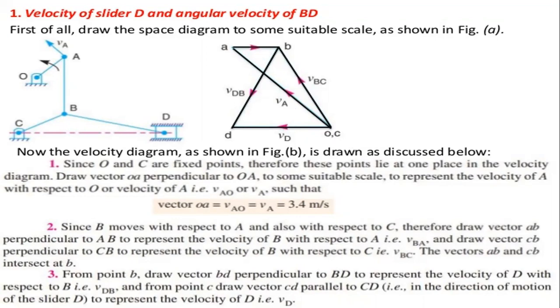Next, we need to draw vector OA, which is perpendicular to the crank OA. So this OA vector is perpendicular to the link OA.